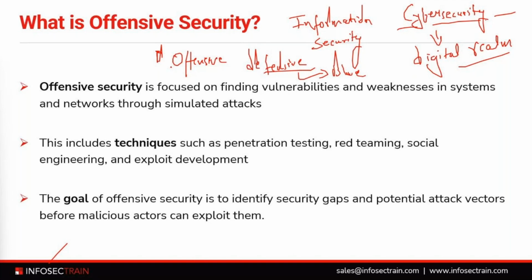Then we have the offensive side. When we talk about the offensive side, it means that you're not only hacking. We always think that it's hacking, right? Offensive security is basically performing the attacks in an ethical way so that you're not affecting the systems, the day-to-day operations of the organization, and yet you are able to find out the vulnerabilities.